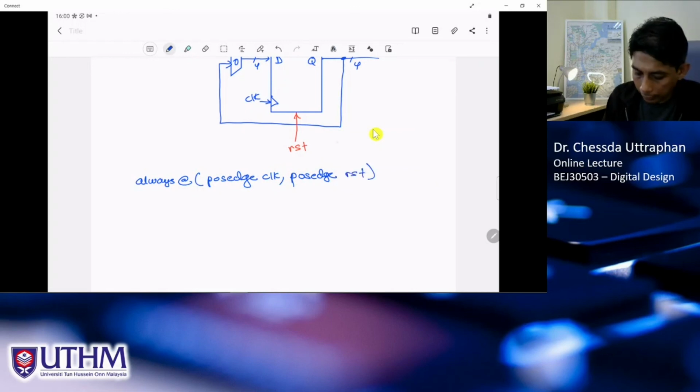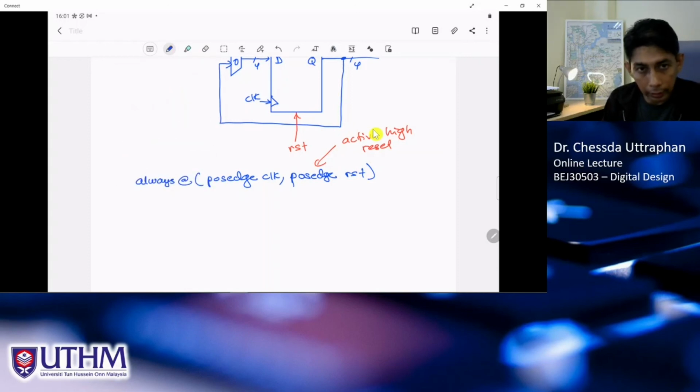This indicates that it is a positive or active high reset. Now we can write the code to describe this.